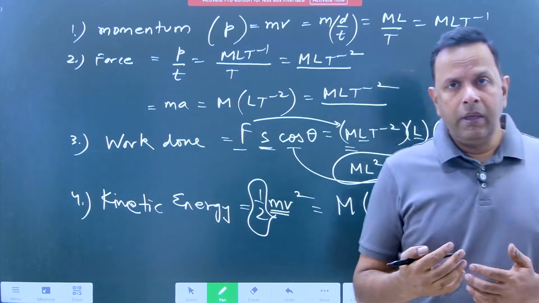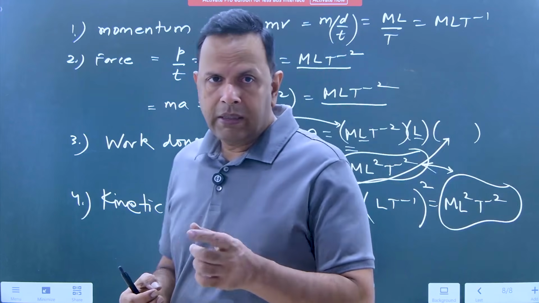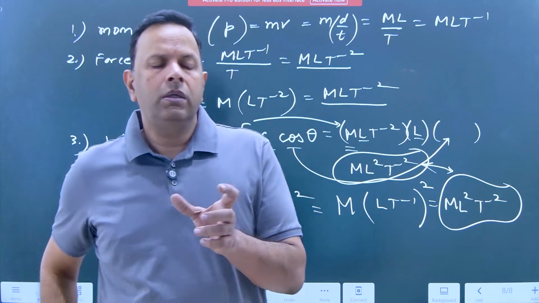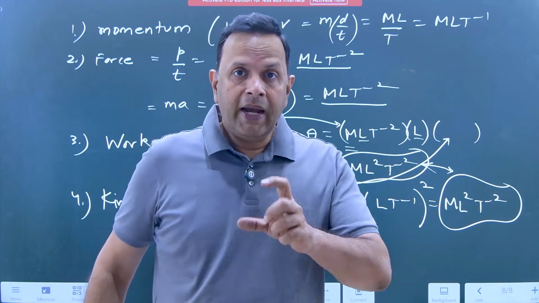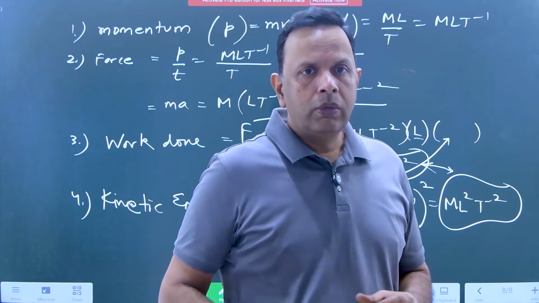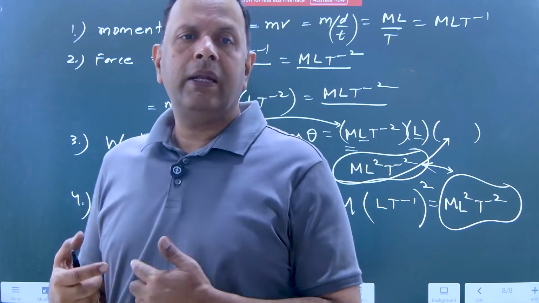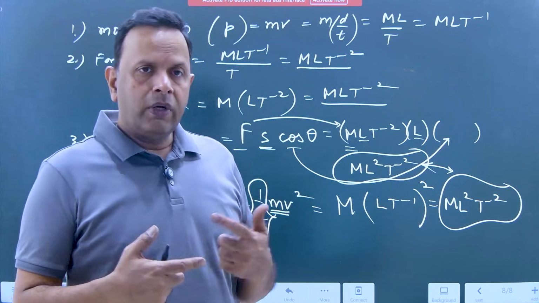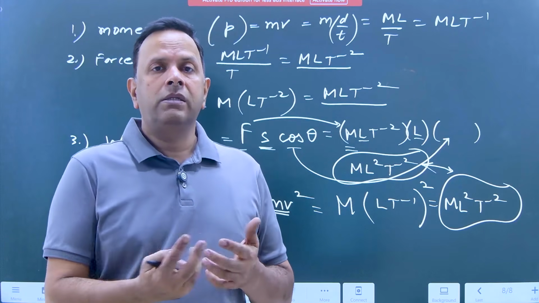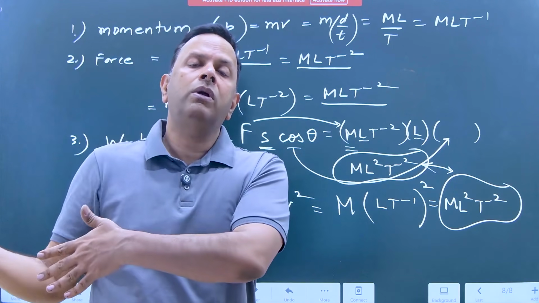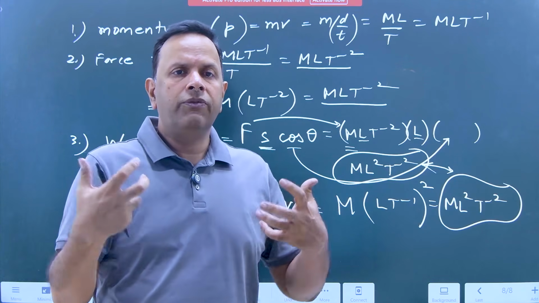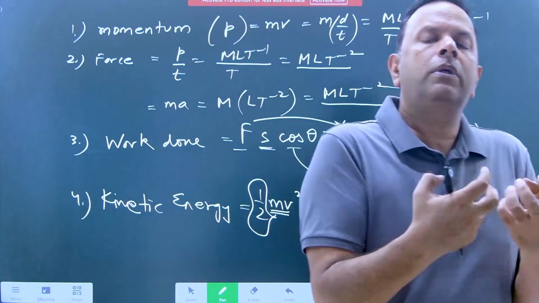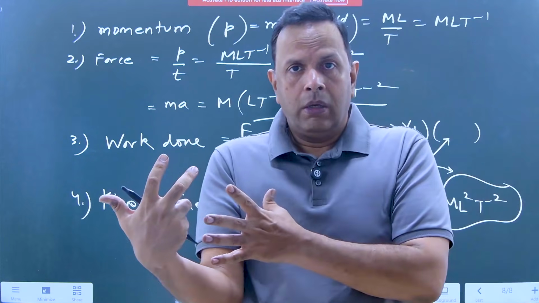Maybe you can correlate that there was a theorem called the work energy theorem. The net work done on a body is equal to the change in kinetic energy. So if work can be equal to change in kinetic energy, can we say that in a way the work is being transformed into energy?